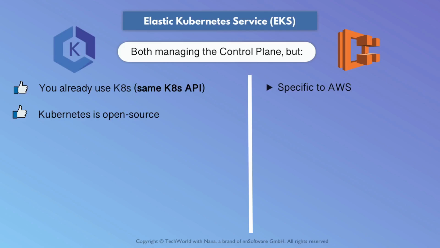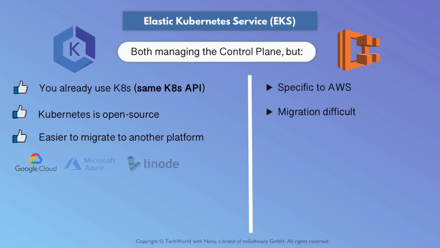Another reason, if you don't already use Kubernetes in your project, in making the decision between ECS and EKS, is that ECS is specific to AWS, right? So if you decide at some later point to migrate to another platform, you will not be able to move that cluster to another platform because it is really integrated and based on AWS. With EKS, though, because it's managing the Kubernetes cluster, you can easily migrate because Kubernetes is not specific to AWS.